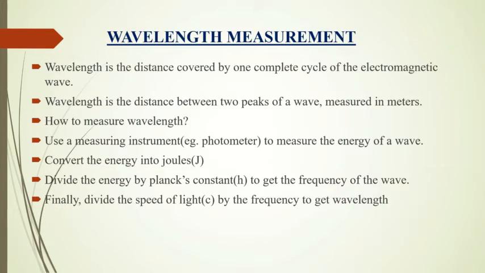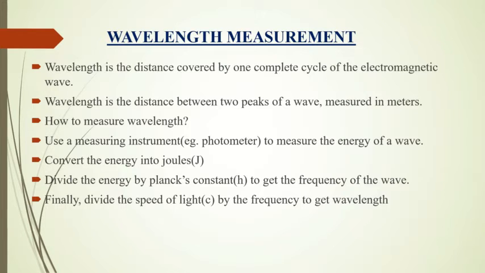In simple terms, to measure wavelength, we first get a measuring instrument that will measure the energy, and we're using a photometer in this case to measure the energy of the wave. After measuring the energy, we convert it into joules, the units for energy.